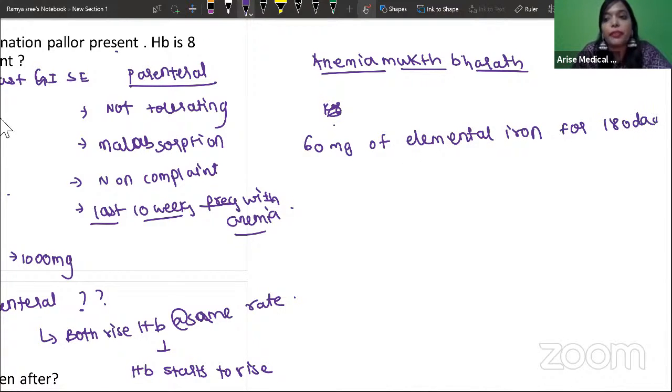This I'm only telling for pregnancy. You have different doses for teenagers and reproductive women. So 60 milligrams of elemental iron for 180 days in pregnancy and 180 days postpartum.